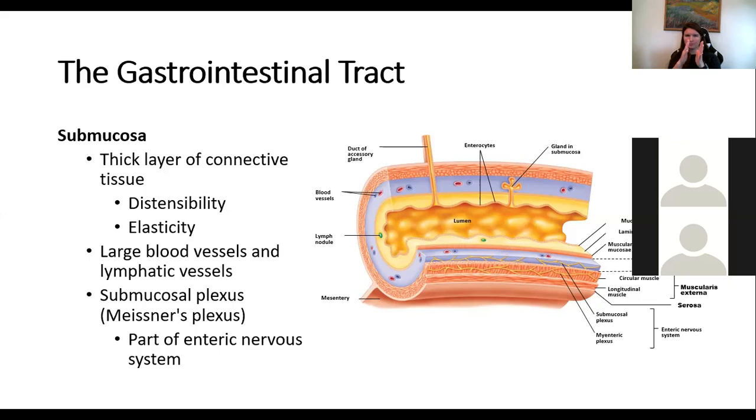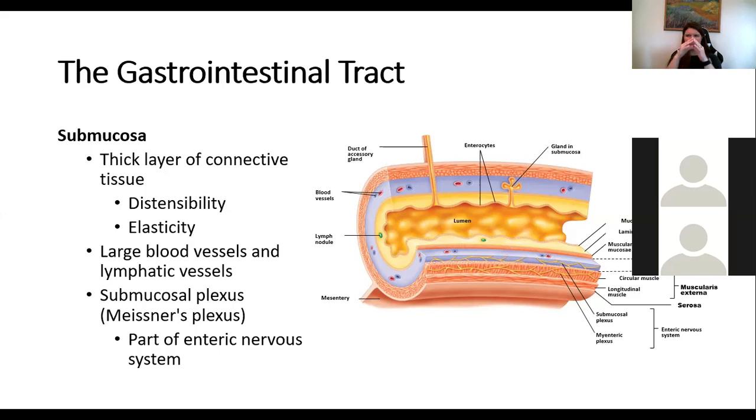It's important that your GI tract is expandable as well as collapsible. So you can have a really collapsed GI tract that you can expand to fit large lumps of food, or if you have a large meal, it's important that your GI tract can stretch to fit that as it pushes it along. And the submucosa is really what gives it that ability. So this layer of connective tissue makes the GI tract distendable.